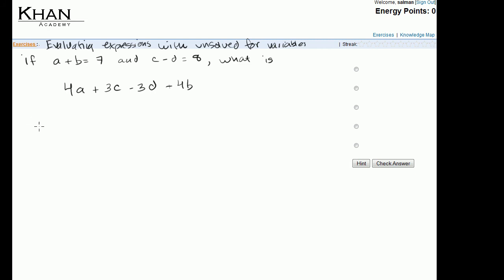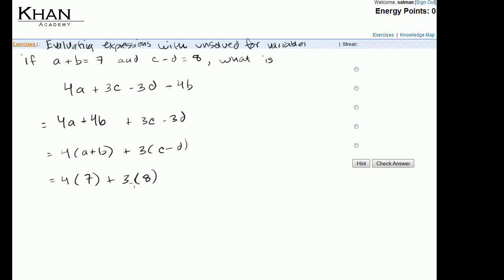And once again, when the student clicks the hint, we could say, well, let's just rearrange it. So this is equal to 4a plus 4b plus 3c minus 3d. They click hint again, that's equal to 4 times (a plus b) plus 3 times (c minus d), which is equal to 4 times 7 plus 3 times 8, which is equal to 28 plus 24, which is equal to 52.